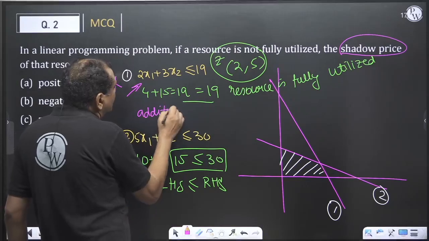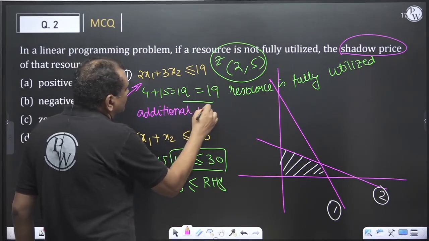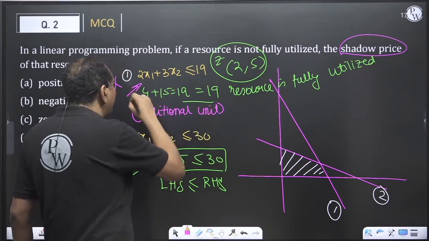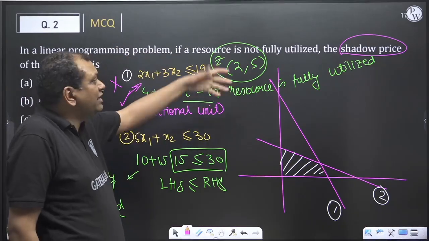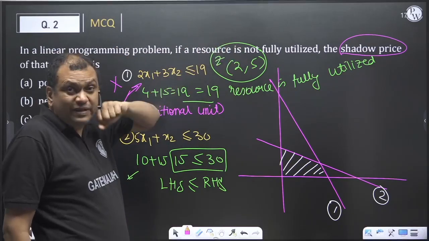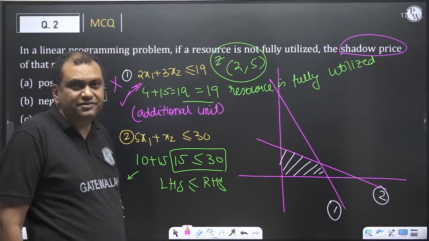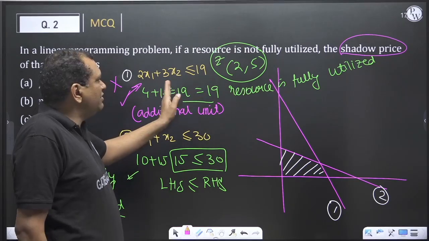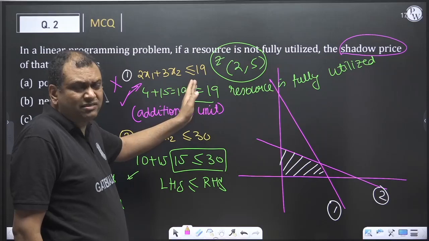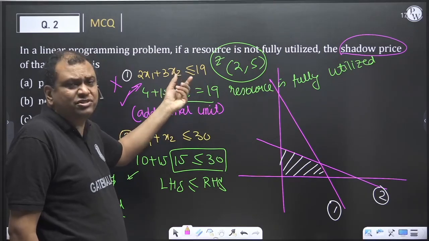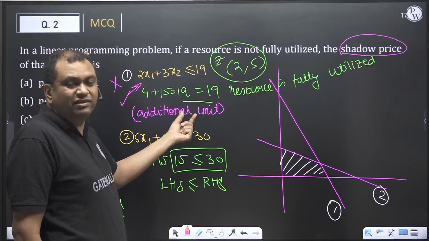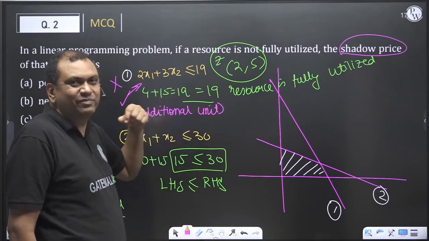For getting an additional unit of this resource, how much price we have to pay so that I can increase my output? This is called a shadow price. So wherever the resources are fully utilized, how much money needs to be spent on those resources to increase one additional unit is called shadow price.